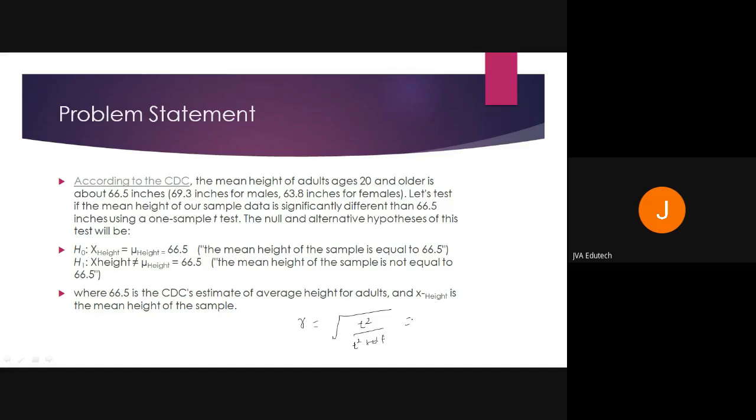Our t value from the table was 5.81, so r is the square root of 5.81 squared upon 5.81 squared plus 407, the degree of freedom. Let me calculate this.